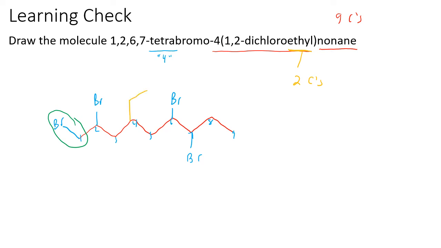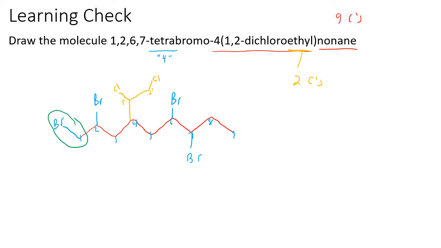That's my 2 carbon chain there. So this would be called 1 prime, 1 prime, and 2 prime. And then we will put our chloro groups on there. So this would be 1 prime chloro, so Cl coming off of there. And then at position 2, we have another chloro coming off.